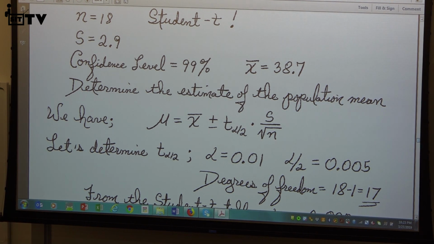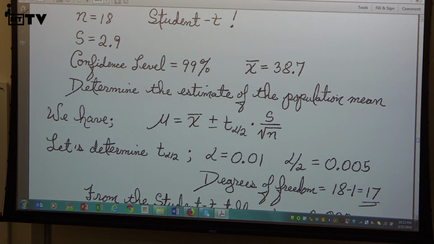Here, it turns out student t looks a little bit like Gaussian. Okay? So here, we want to pick t alpha over 2 so that this area is what, 0.99 or 0.98? 0.99. We want this area to be 0.99.